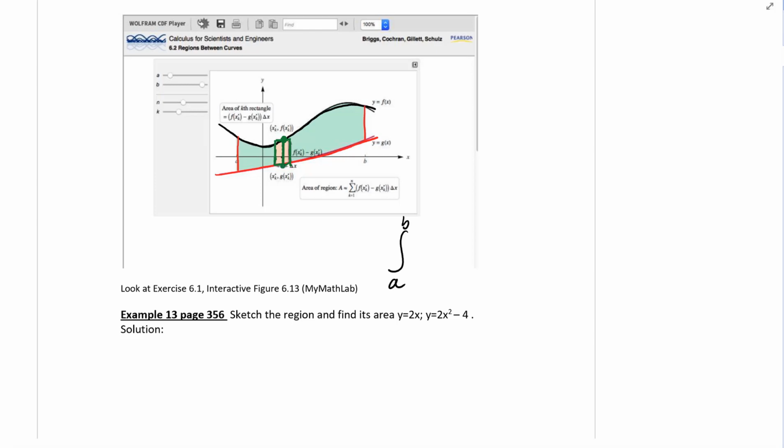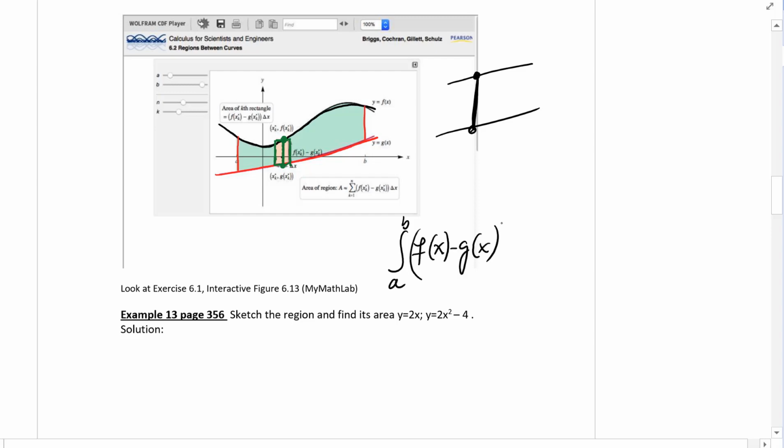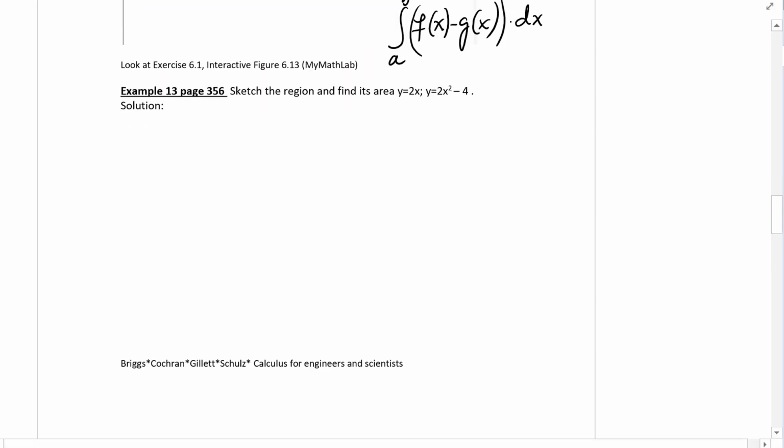So that distance, the distance between 2 points, this distance here, is going to be equal to f of x minus g of x, and then times the width, and this width is actually dx. So just making a small sketch is going to help you figure out why the formula looks the way it is. So now let's take a look at a few examples.